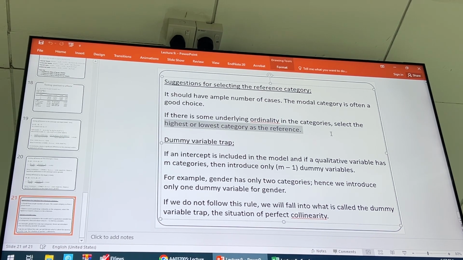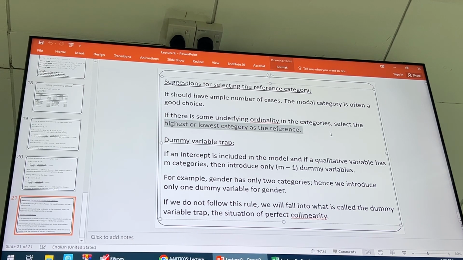Just now, for example, I gave you an example about the highest education level. Let's say primary school, secondary school, tertiary school. So you have 3. That's already ordinal because the lowest one is the primary school, the middle one, secondary school, the highest one, tertiary education. So it has some kind of ordinality.